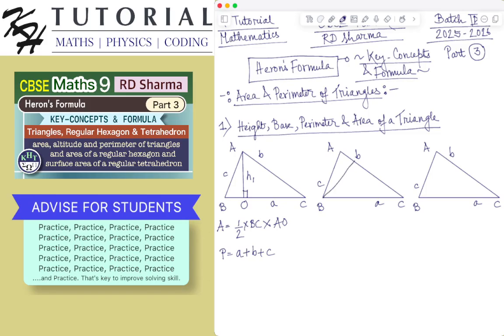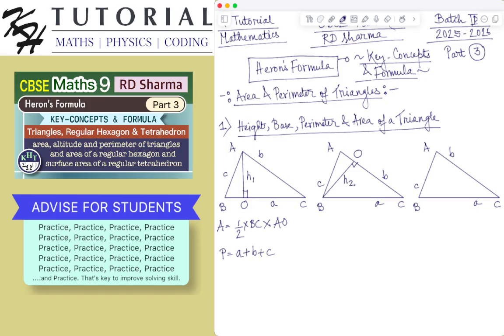Let's say this be the altitude. Let's say this be BO. So the altitude BO is the corresponding altitude considering AC as the base of the triangle ABC. Let's say the length of the BO is H2.